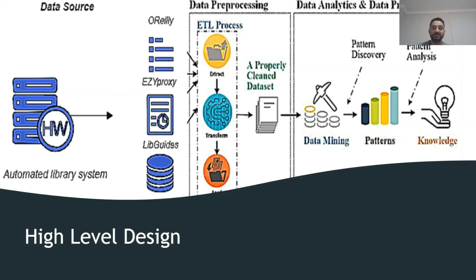After collecting that data, we go through an ETL process, also known as data preprocessing, where we extract, transform, and load the data using Microsoft Power Query Editor and transform the data into a clean data set. Then we mine the data, get patterns, and turn those patterns into a meaningful dashboard, which is the aim of the project.